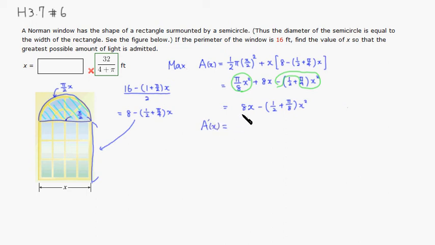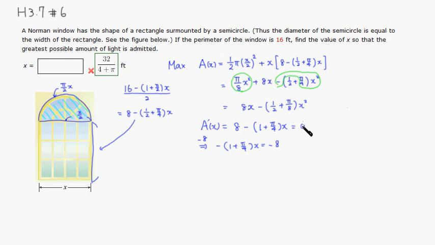So the derivative of that is 8 minus, the derivative of that, putting the 2 in front, is 1/2 times 2 is 1, plus pi over 4 x. Then we set that equal to 0. Subtract 8 from both sides, so negative 1 plus pi over 4 x equals negative 8.